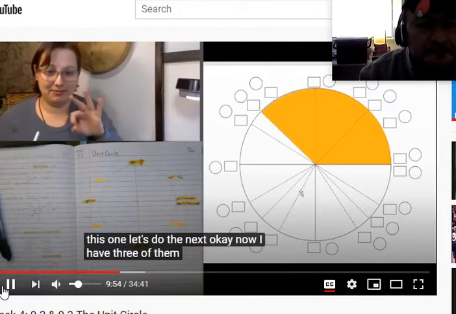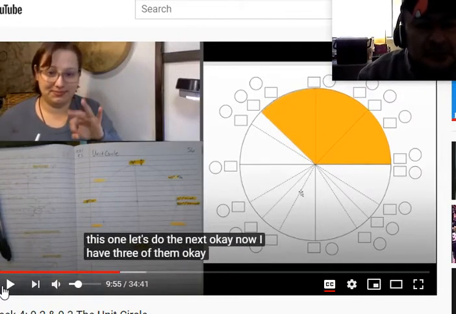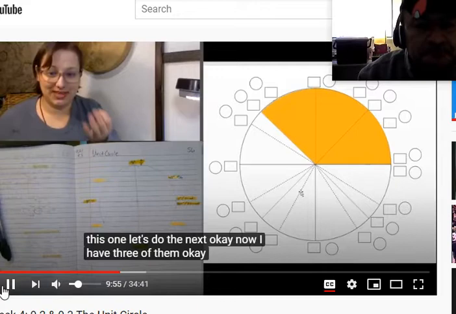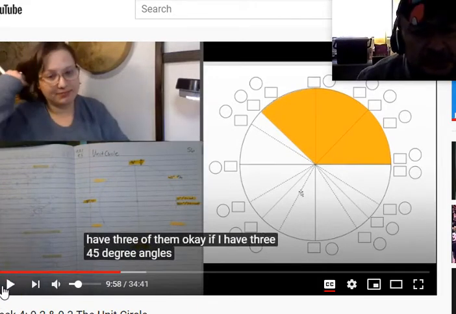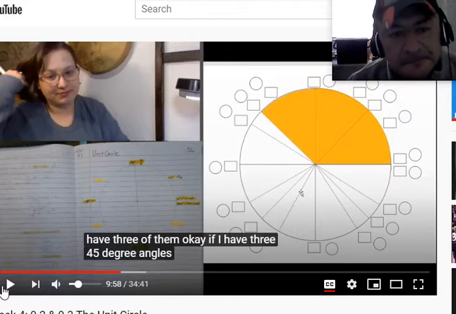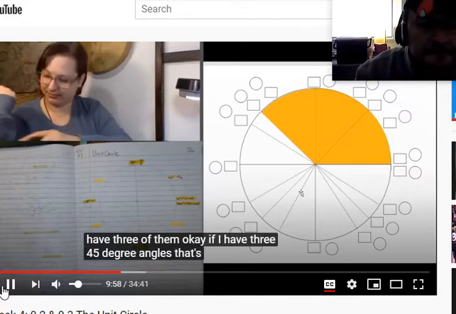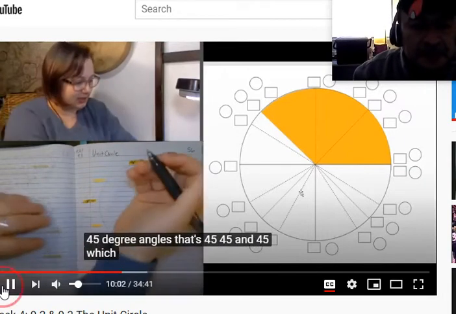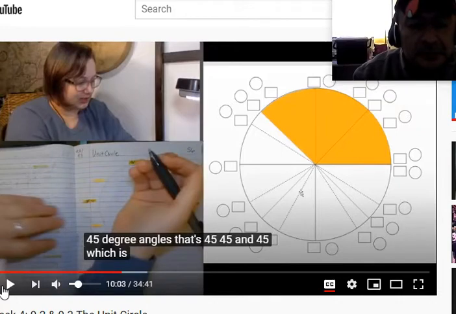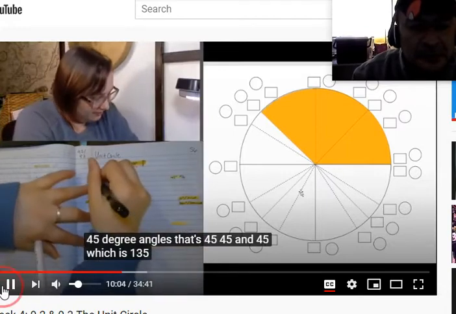Now I have 3 of them. If I have 3 45-degree angles, that's 45, 45, and 45, which is 135 degrees.